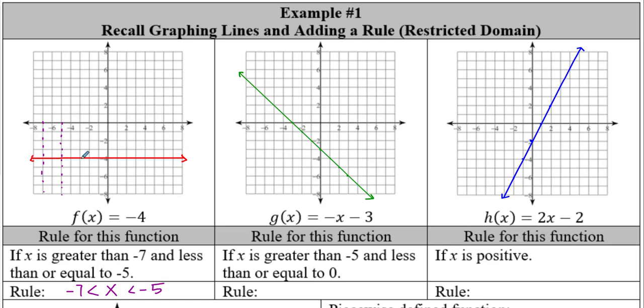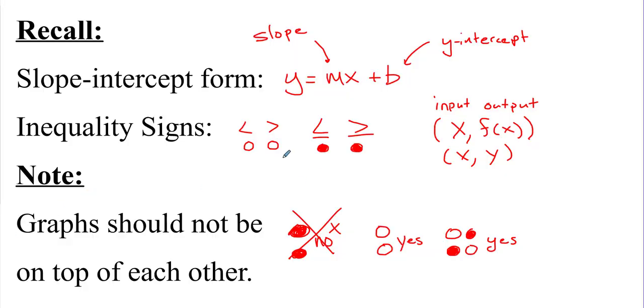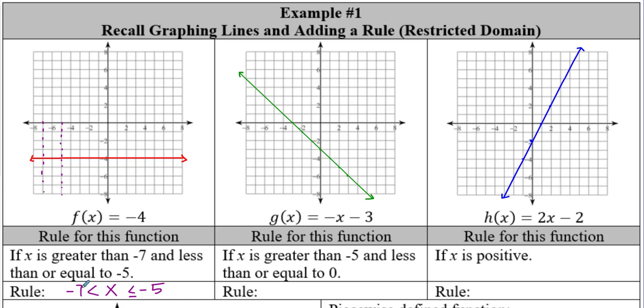All of this other graph I can get rid of, but I also want to think about my inequality signs, because this is where I need to use these. So at negative 7, I need an open dot because I'm only greater than negative 7. I'm not going to include it, so I'm going to put an open dot right here.